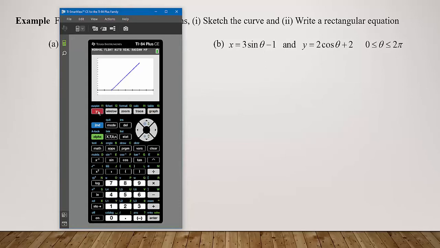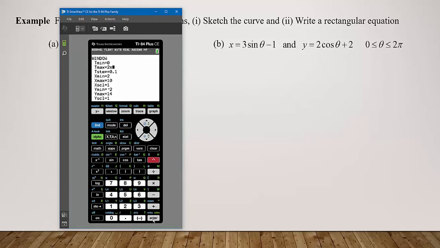So if I want to graph this, I need to graph x equals 3 sine t minus 1 and y equals 2 cosine t plus 2. Notice we are told the parameter goes from 0 to 2 pi. So I better have my parameter go from 0 to 2 pi.